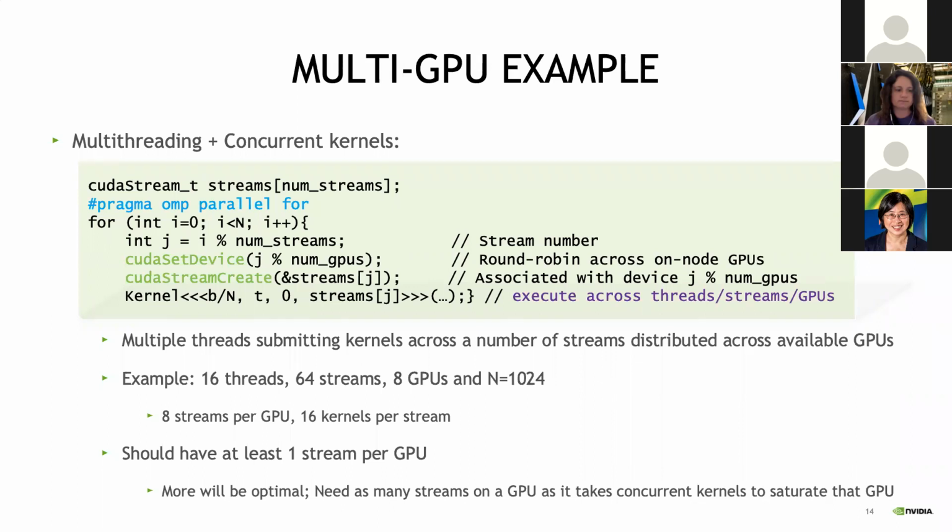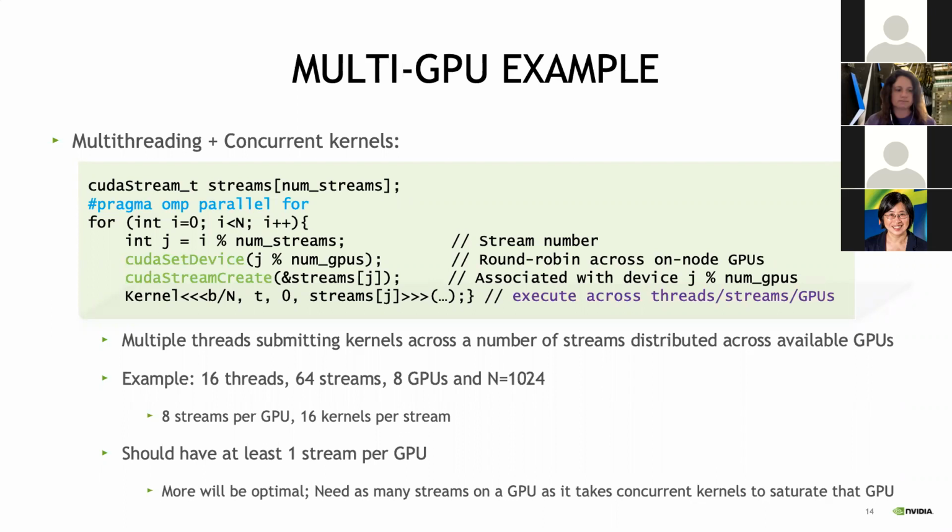We have a stream number, so at first we decide which stream we're going to be submitting a kernel to, where in this case, I'm saying J equals I modulo number of streams. So I'm basically doing a round robin over the streams and the loop iteration.